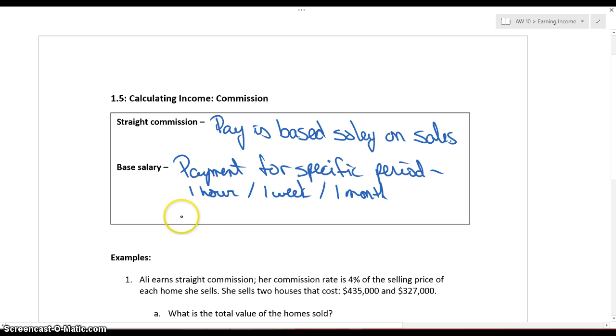A great example is trailer sales. They wouldn't keep any salesmen in the wintertime because they're not going to sell many trailers in the winter. But if they pay them a base salary, they'll keep working throughout the winter, and then they'll make the majority of their money during the spring and summer months.